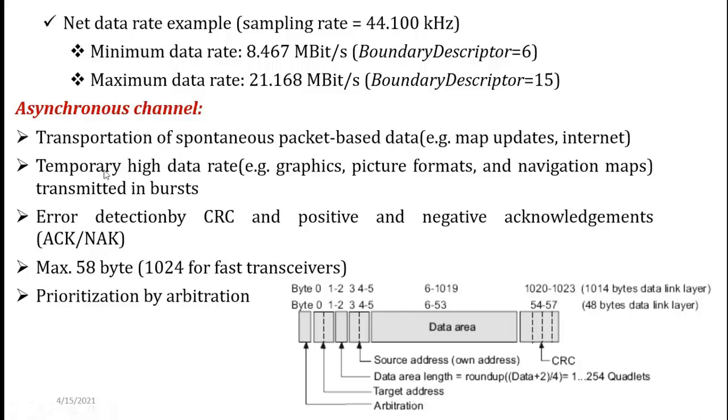And temporary high data rate, for example graphics, picture formats, navigation maps, are temporary high data rates. Error detection is done by CRC and positive and negative acknowledgements, a maximum of 58 bytes is used, and prioritization is done with the help of arbitration.